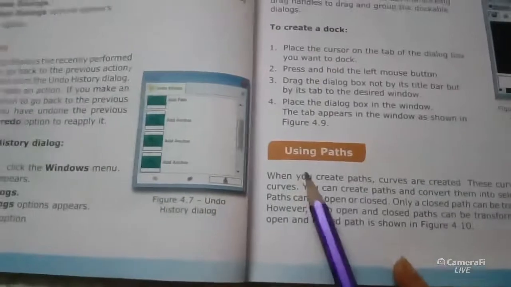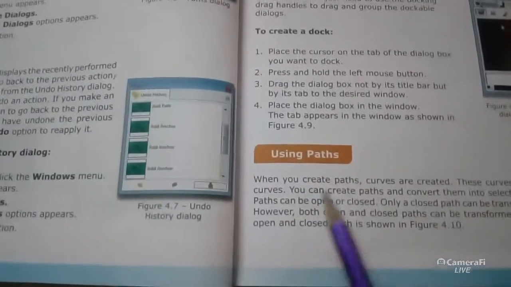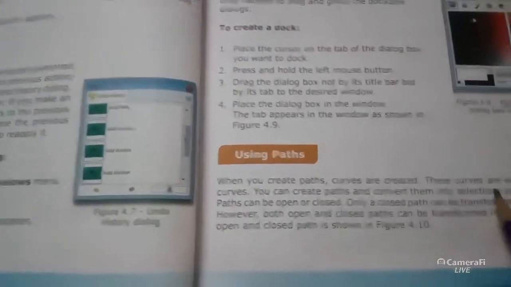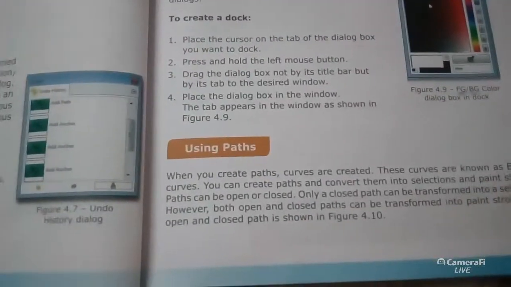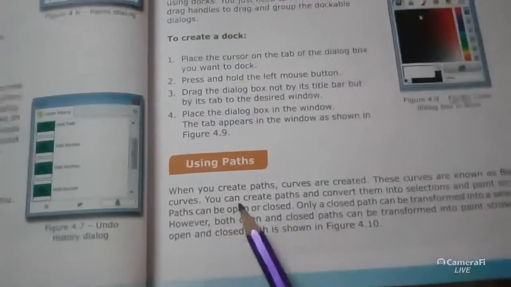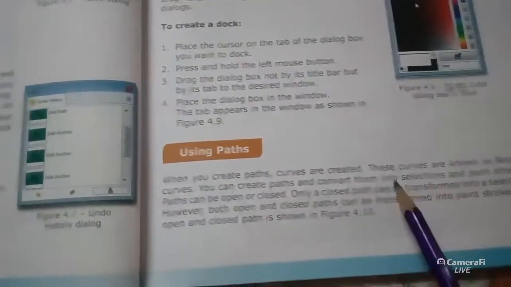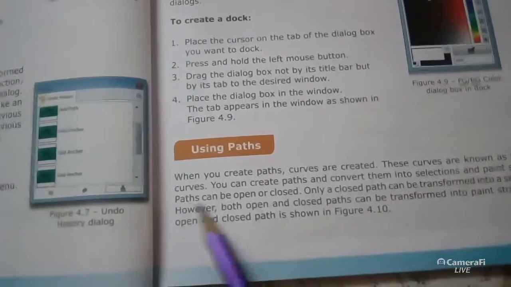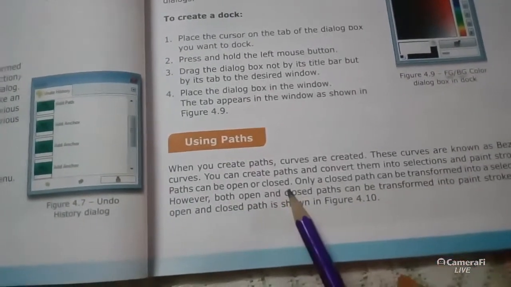Now, using paths. When you create paths, curves are created. These curves are known as Bezier curves. You can create paths and convert them into selections and paint strokes. Paths can be open or closed.